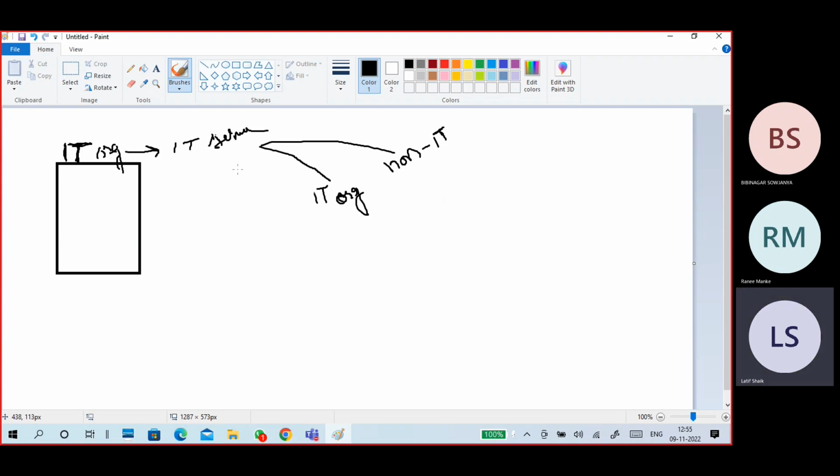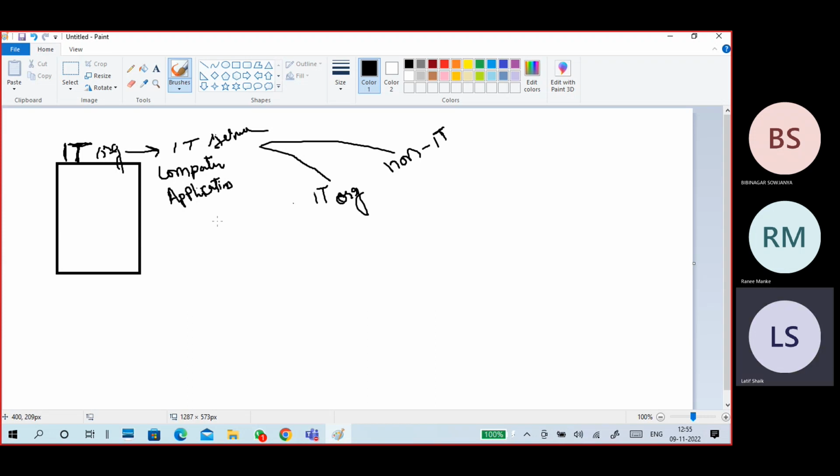They need computers and applications. Computers are required in any organization, either IT or non-IT. They need applications, right? We are using different types of applications. For example, on the accounting side, Tally is one of the applications.